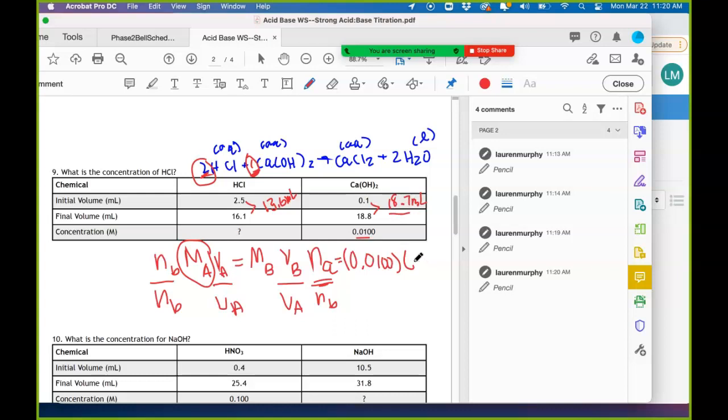Volume is 18.7, and in this case, because it's in both sides, I can use the milliliters. And then the moles of the acid is 2 from this coefficient right here. So the top volume of the acid is 13.6 milliliters. Milliliters cancel. And the moles of the base, there's a 1 in front of here. And you could do it this way, and you would still get the 0.0275 molar.